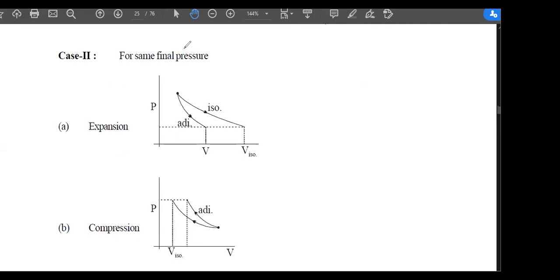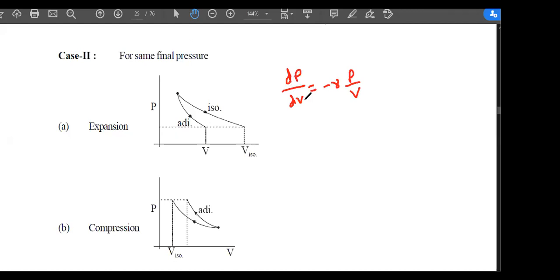Because see, if you consider the slope, dP by dV is equal to minus gamma P by V, right? So obviously the sign will also matter. If pressure is decreasing and volume is increasing, we have different signs. But if pressure is decreasing and volume is also decreasing, then also we have different signs.